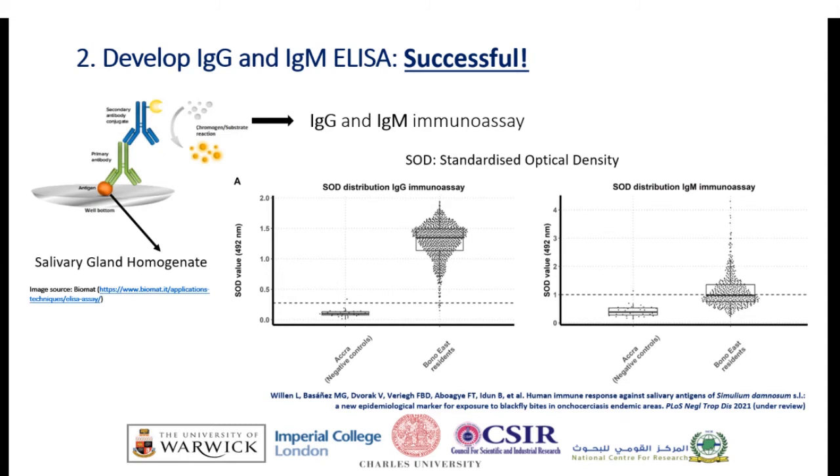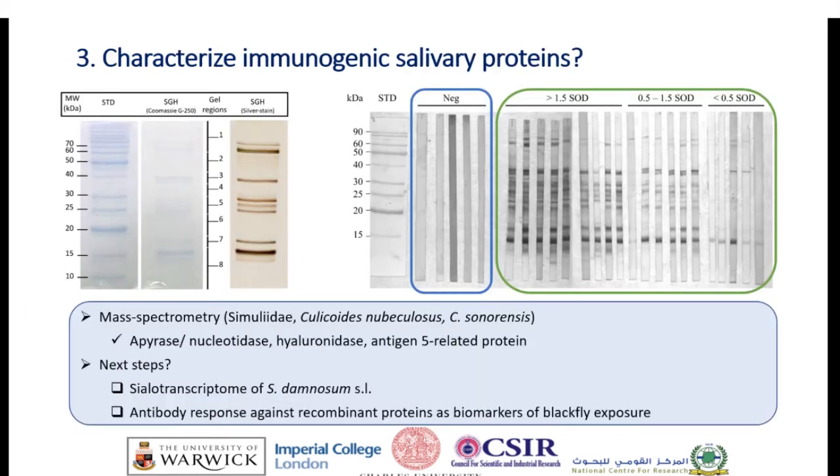The same is true for the IgM assay, shown on the right. Although the difference between the two looks smaller, it's still significant. The fact that the IgM assay overall shows lower responses is possibly due to its shorter half-life compared to IgG responses. The results of the development of the assay have been submitted to PLOS NTDs.